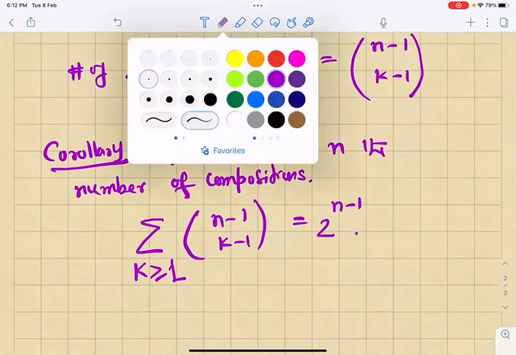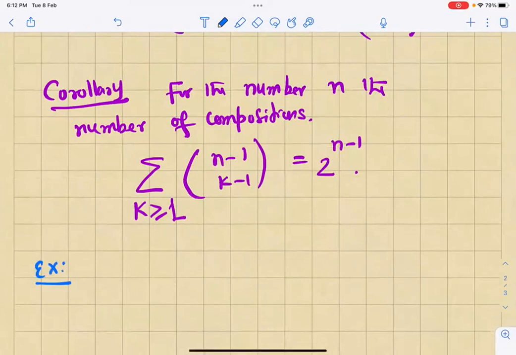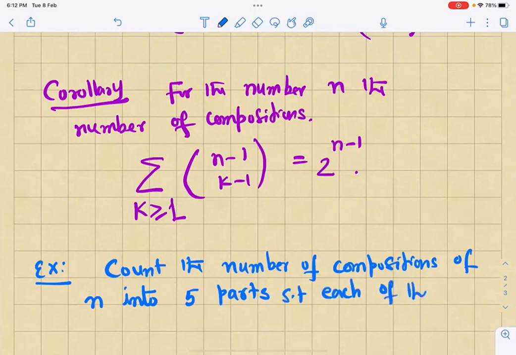So let me state a simple exercise. Count the number of compositions of n into, let's say, 5 parts, such that each of them is at least 2.